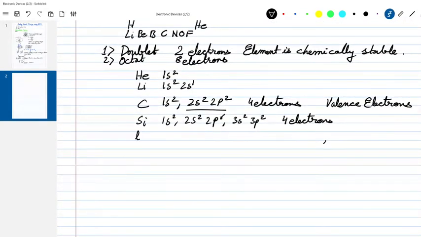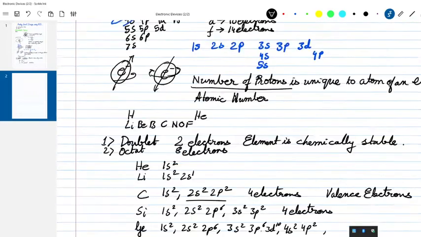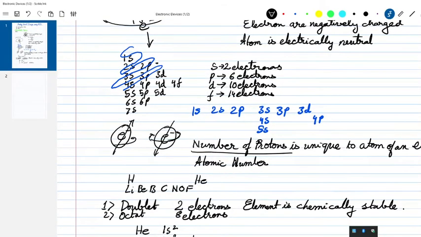Now let's look at germanium. 1s2, 2s2, 2p6, 3s2, 3p6, then 4s2, then 3d10, then after this 4p2, I think. Let's see again: 1s, 2s, 2p, 3s, 3p, 4s, 3d, 4p.